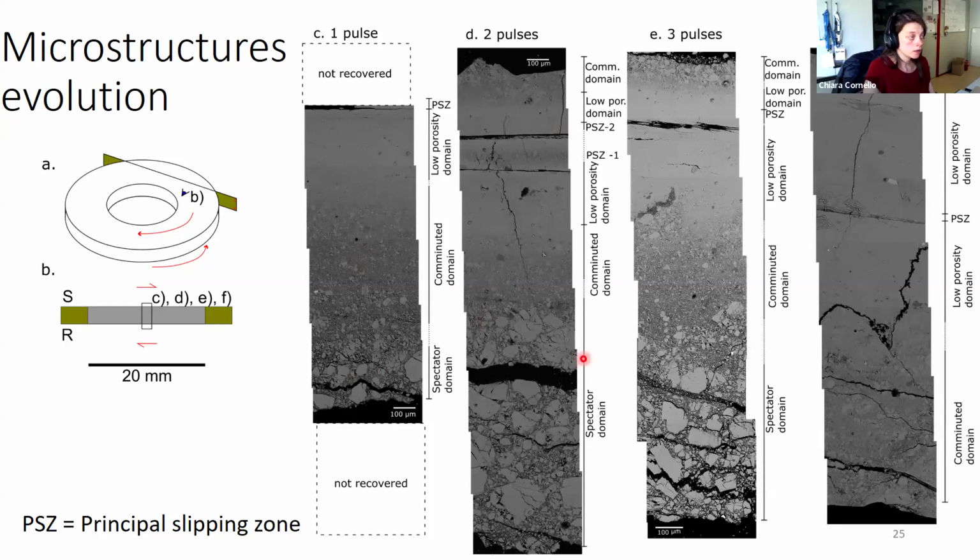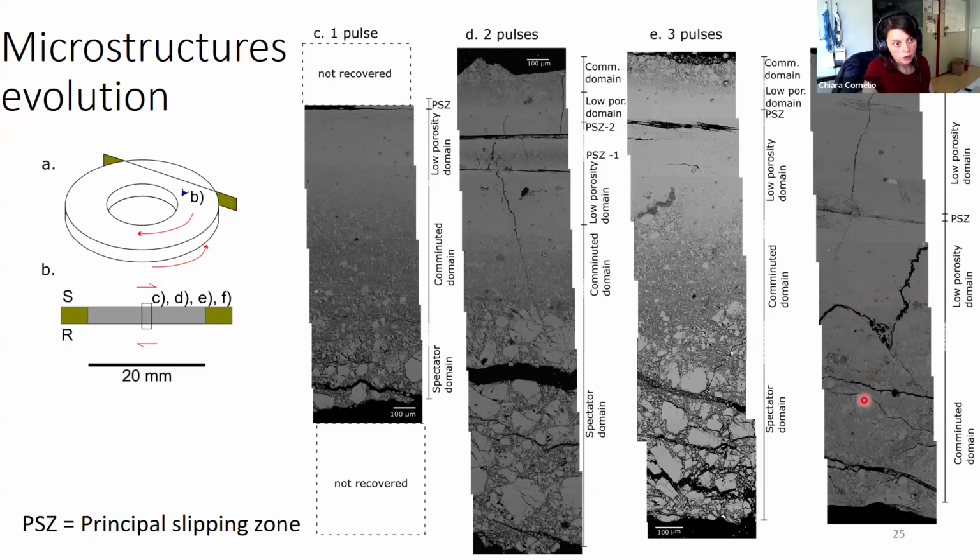By increasing the number of pulses, our microstructure becomes more and more complex, and we arrive at the fourth pulse, in which we have two principal slipping zones, an old one here and a new one here, in which we can also see products of thermal decomposition.